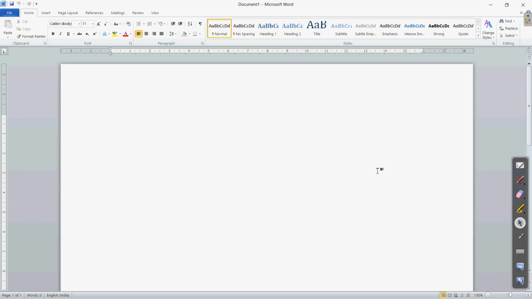So write a note on computer memory. Let the spelling be corrected.